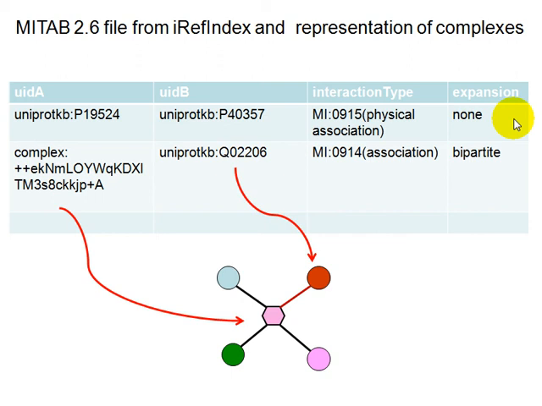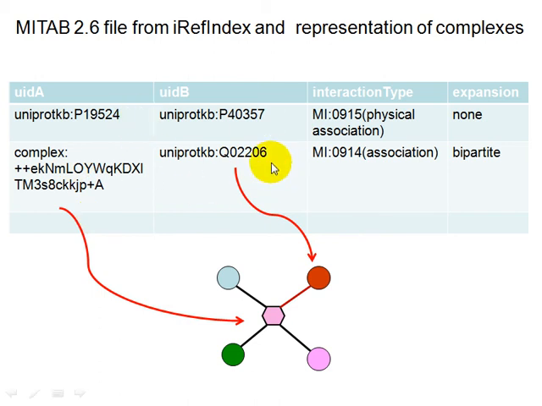In the case of associative data, we represent, using the iRefIndex file, we use the expansion type bipartite, and you'll see bipartite. And the first identifier will be a complex identifier. This is a hash key of all of the ROG IDs of all of the interactors in this complex.